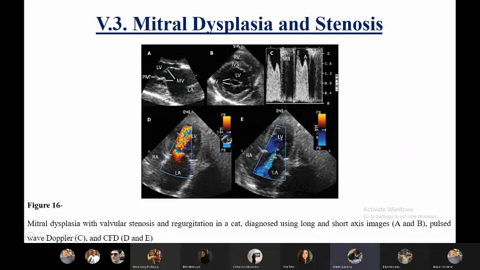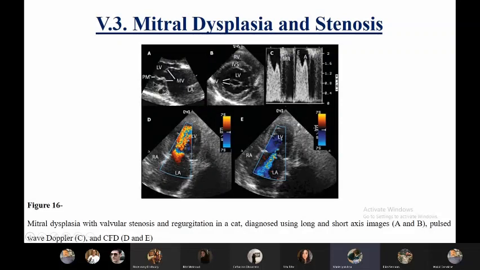So in A, it is obvious that the tips of the anterior leaflets of the mitral valve are tethered towards the walls of the interventricular septum and the ventricle. So they are not opening normally, and this is actually due to the increased pressure of the left atrium in this case, due to the mitral dysplasia.